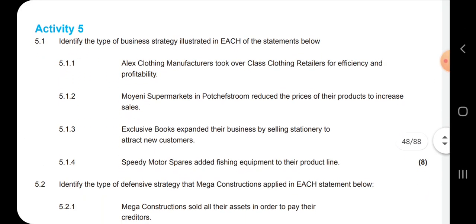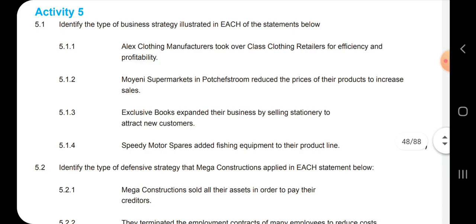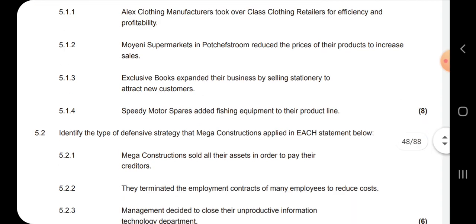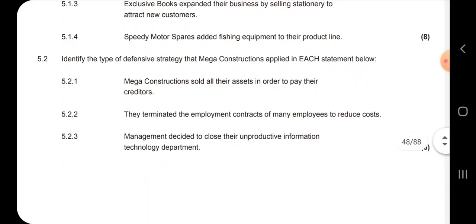So this is activity 5. Identify the type of business strategies illustrated in each of the statements below. So you go to the different business strategies and write each business strategy next to the number from 5.1.1 to 5.1.4. And then 5.2 says identify the type of defensive strategy that Mega Construction applied in each statement below.